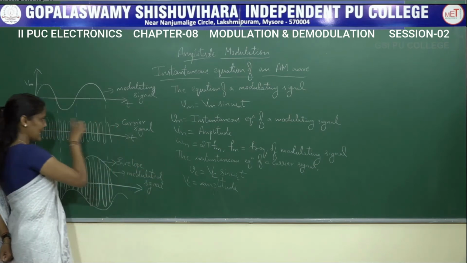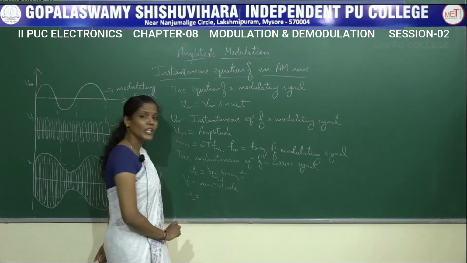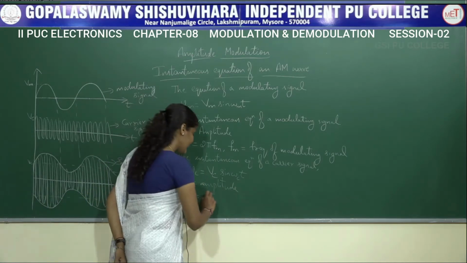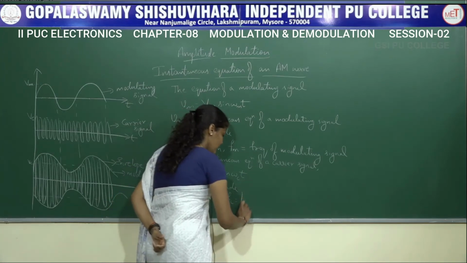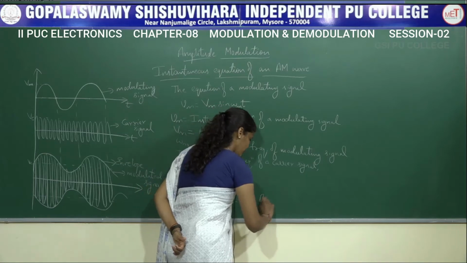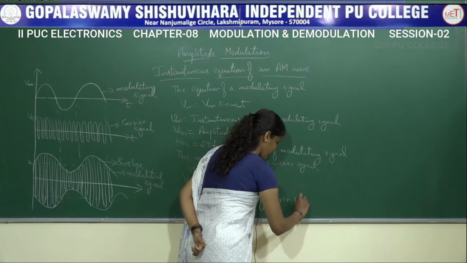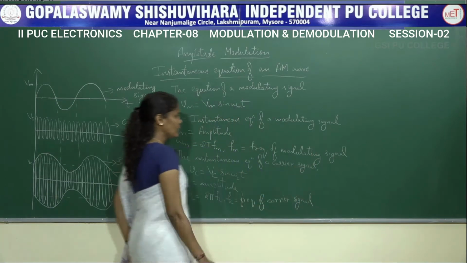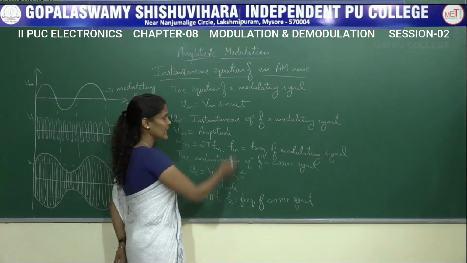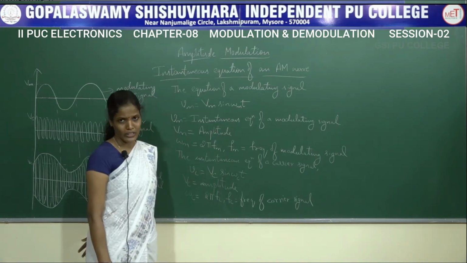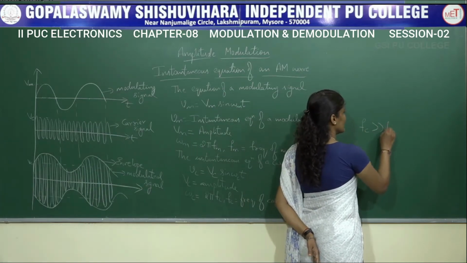Omega c is the angular frequency of a carrier signal, which is given by 2 pi fc, where fc is the frequency of the carrier signal. We have to note that the frequency of the carrier signal is very high compared to the frequency of this modulating signal. That is, fc is very large compared to fm.